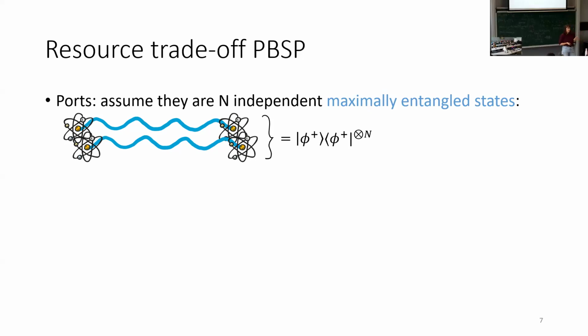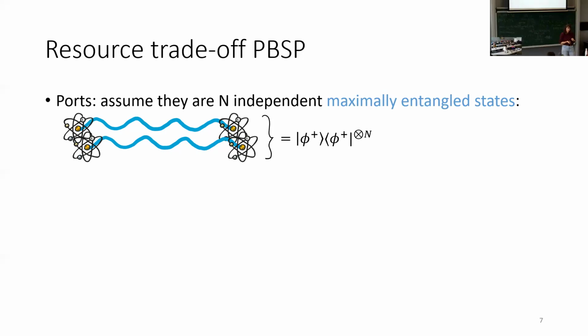Then the protocol is uniquely described by the measurement that Alice makes, because Bob can only communicate the port, so the cost of communication will be exactly the number of ports I have. And now the measurement will be enough to describe the trade-off.